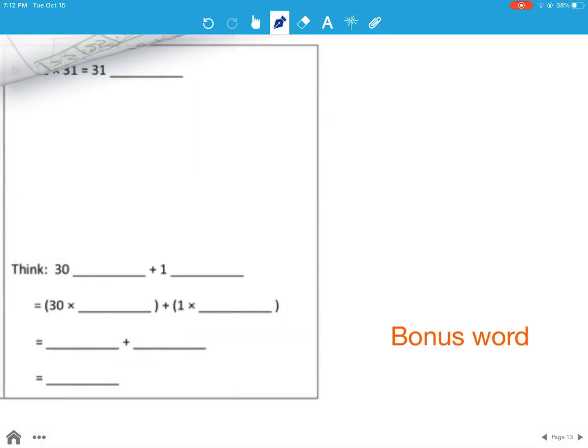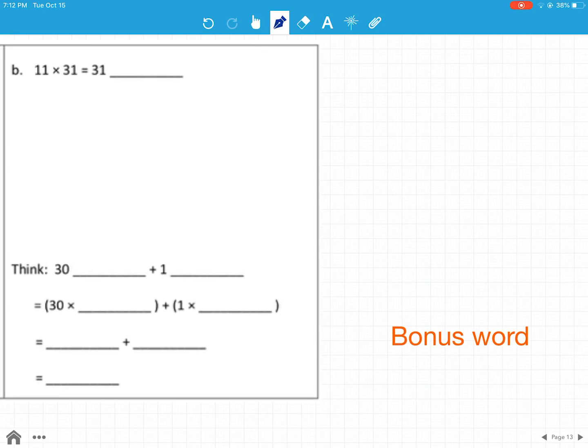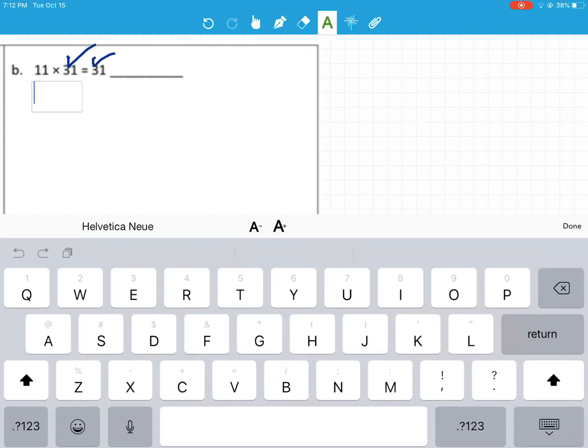All right, on our last one, it doesn't tell us the word, so we have to type the word. So the word here, let's first check off what we have. We have 31. So that means our word has to be 11.